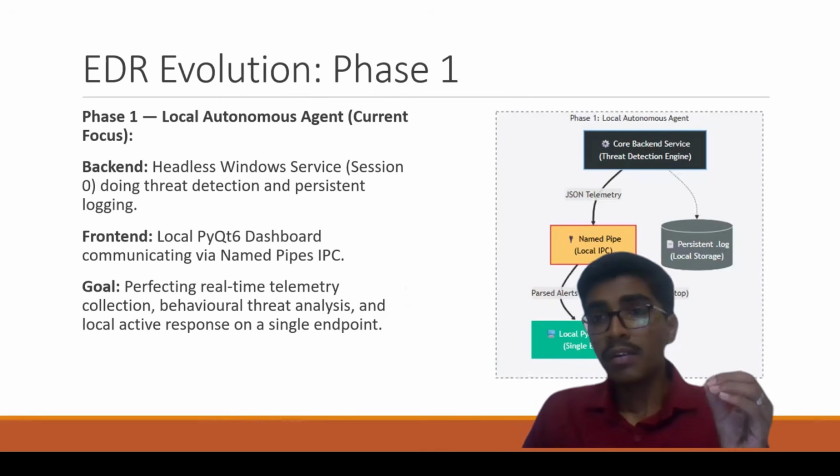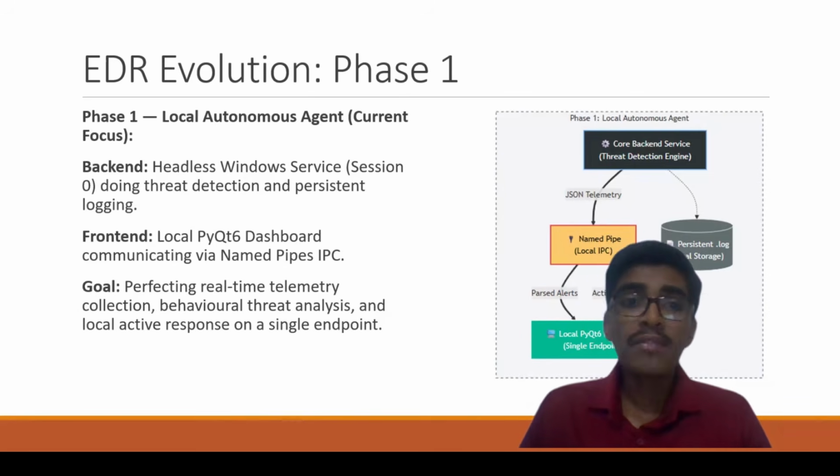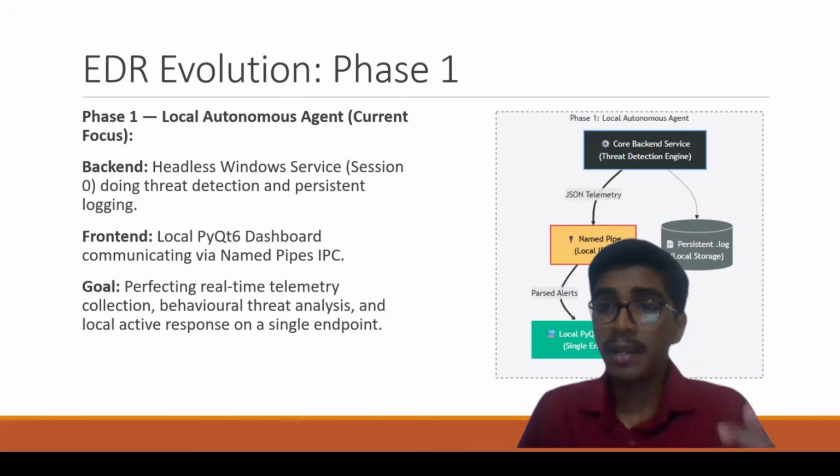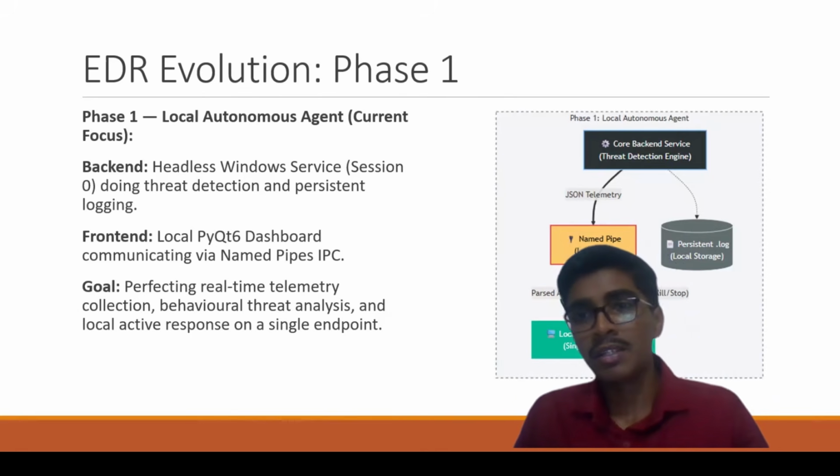In phase one, as you can see in the diagram, we are going to have a backend service. Why we are using a backend Windows service, we'll see in later videos. But for now, we are using a headless Windows service as the backend, a PyQt6 dashboard as the front end, and communicating data using NamedPipe.